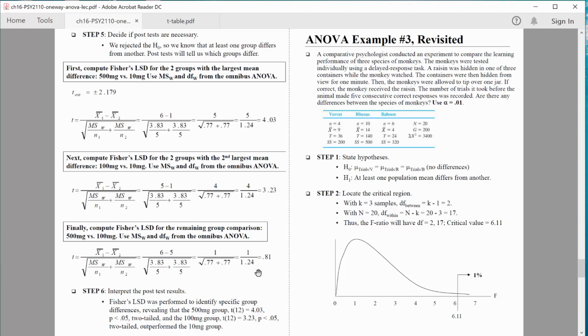We typically only write the details of the groups that differ significantly, so this last comparison, the 500 milligram group versus the 100 milligram group, we don't necessarily need to discuss in our interpretation. Some people will write a final statement saying something like no other group differences were statistically significant, just to kind of sum things up. All right, so there's another example for you.